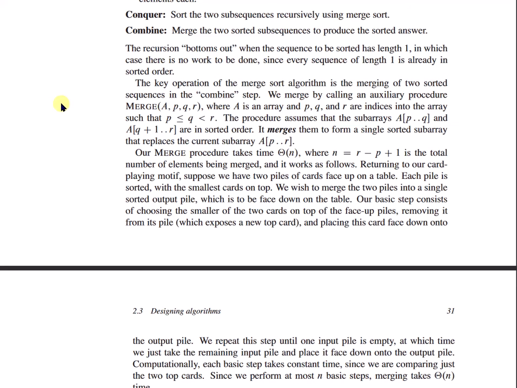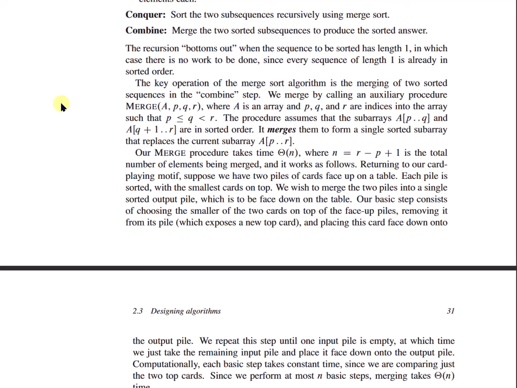We merge by calling an auxiliary procedure merge, where A is an array and p, q, r are indices to the array such that p is less than or equal to q less than r. The procedure assumes that the subarrays A of p to q and A of q plus 1 to r are in sorted order. It merges them to form a single sorted subarray that replaces the current subarray A of p to r.